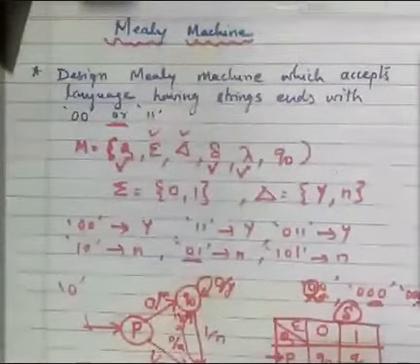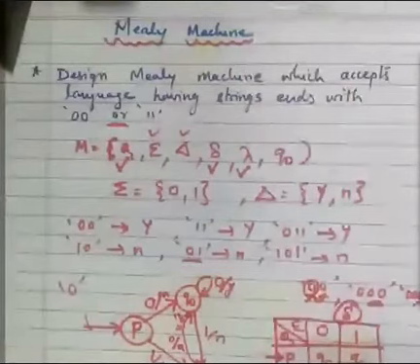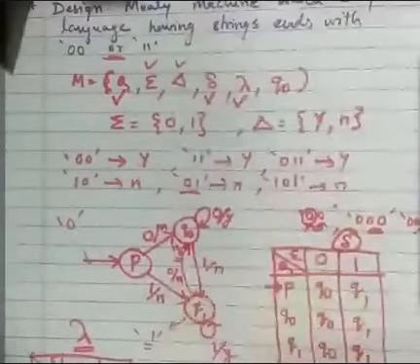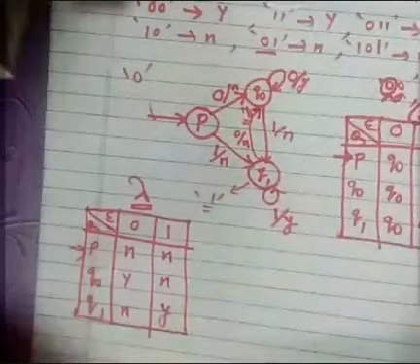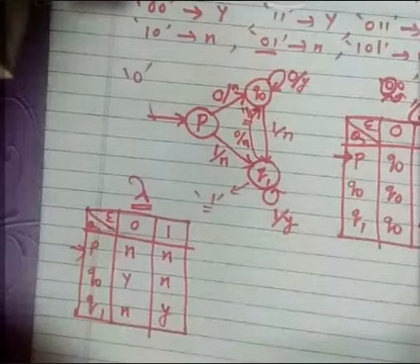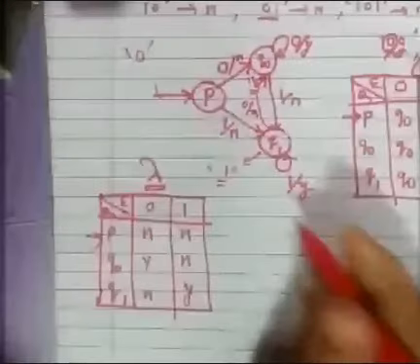So in a Mealy machine, the output is dependent on what? State and the current input. Now, whenever you are asked to design, not only do you have to complete these two tables, but you have to simulate it. So how will you simulate?